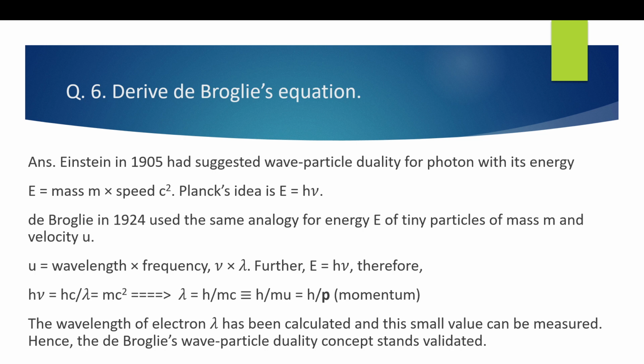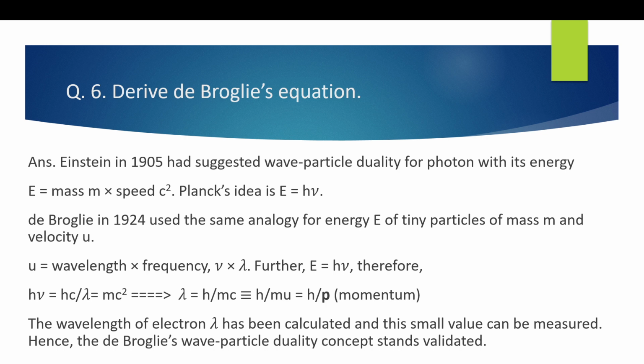Question number 6. We need to derive de Broglie's equation. Very systematically it has been derived here. Einstein in 1905 suggested that energy of photon is mass into c square. Earlier, Planck suggested energy E equal to h nu.